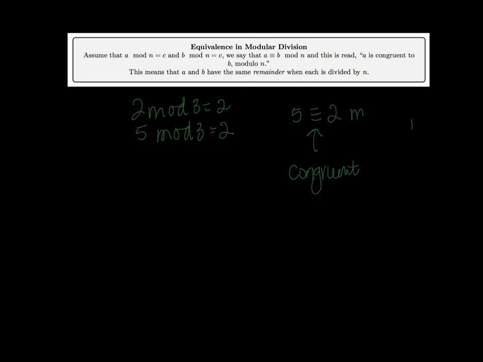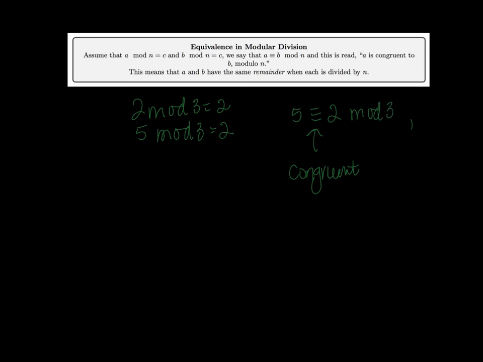Essentially what we can say is that if we have two numbers, like the ones we just saw, where 2 mod 3 is equal to 2, and 5 mod 3 is equal to 2, then we can say that 5 is congruent or equivalent to, however you want to say that, to 2 modulo 3.